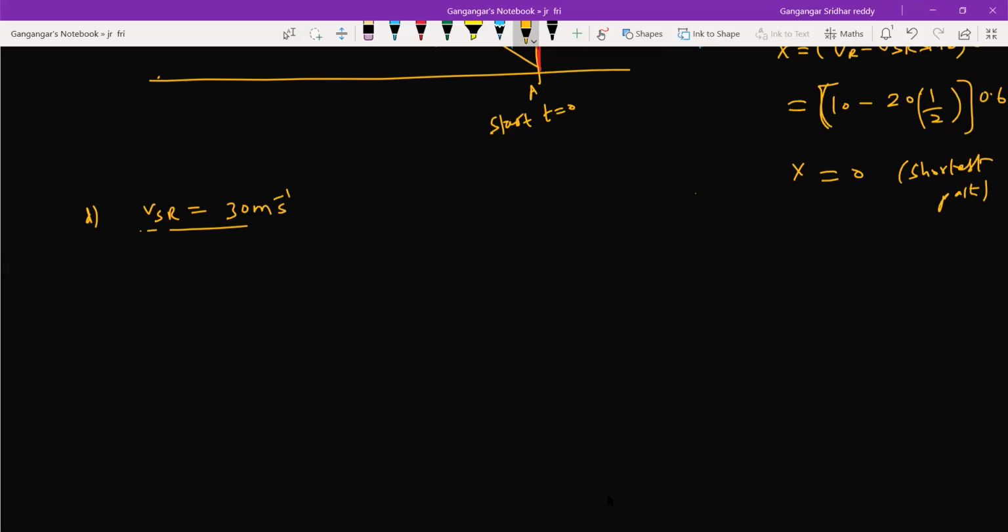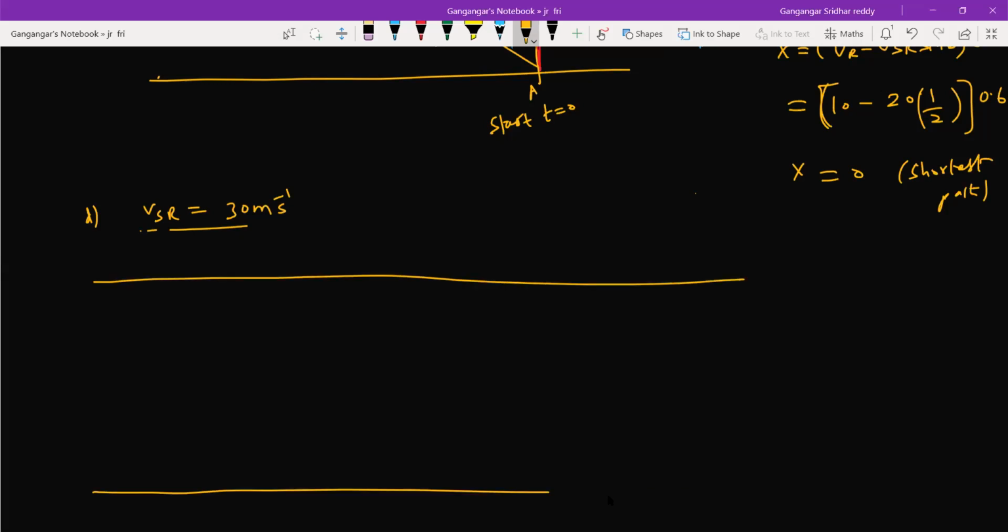We will wind up with the last case, this one. Let me take a diagram like this. This is the start point. This is theta.